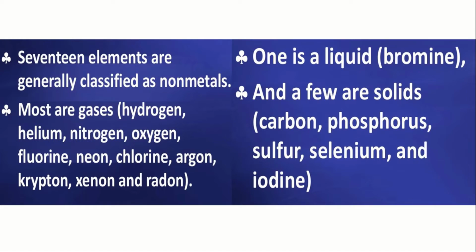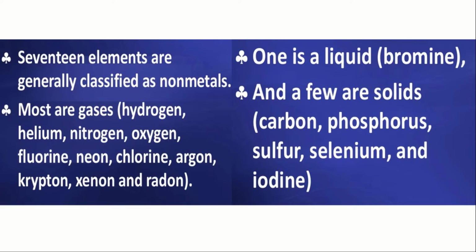Most of them are gases: hydrogen, helium, nitrogen, oxygen, fluorine, neon, chlorine, argon, krypton, xenon, radon. So these are the elements which are considered as gases in the periodic table and which are non-metals. One is liquid.